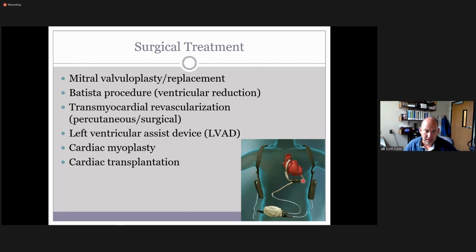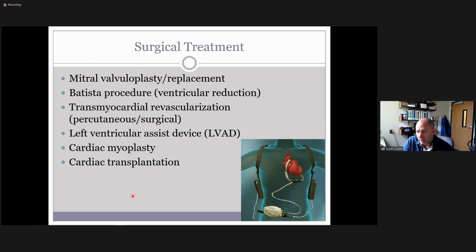Here's your little device, powered by battery and stuff like that, and then it pushes it up and bypasses the aortic valve into the aorta. This is last case scenario. This is the patient's heart essentially giving up, and this is buying them time to either do a procedure or do a heart replacement.